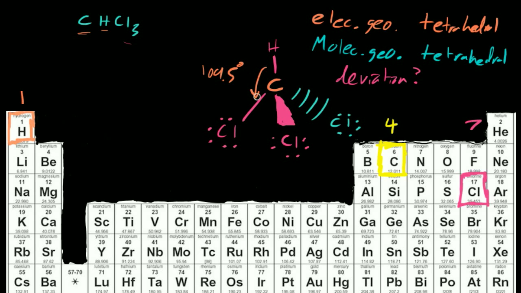So we're not going to expect to see any deviation. The actual bond angle we are going to expect to be 109.5 degrees, same as our ideal bond angle.